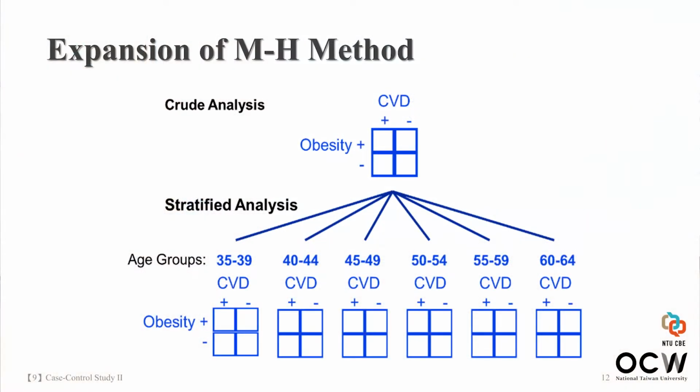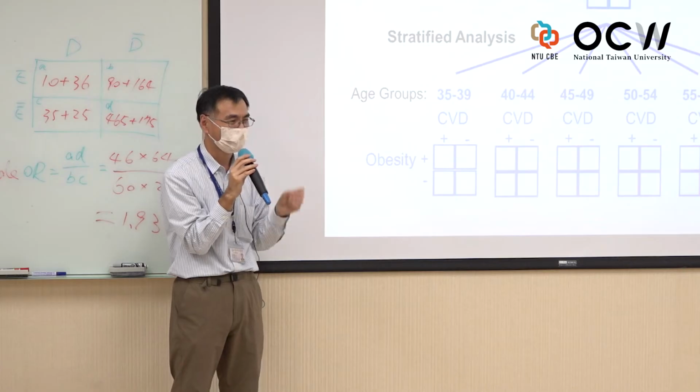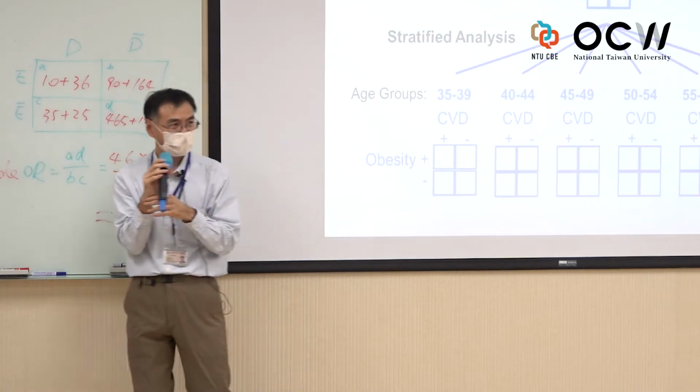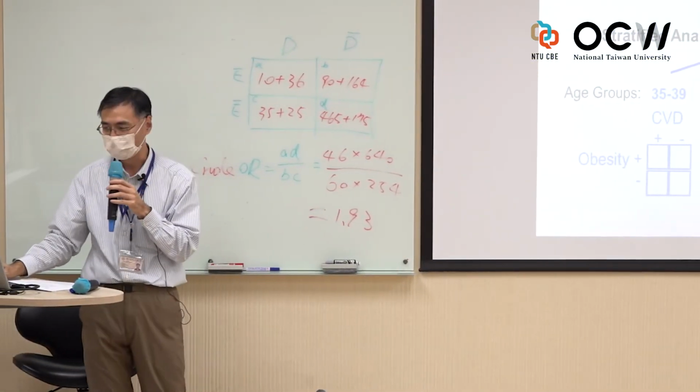So this is the expansion. At that stage, we don't need to worry about whether it is categorical or not. If we chop it with a very fine unit, that will be exactly the same as the estimation for confounders which are continuous variables. So that's the extension of the idea of the Mantel-Haenszel method.